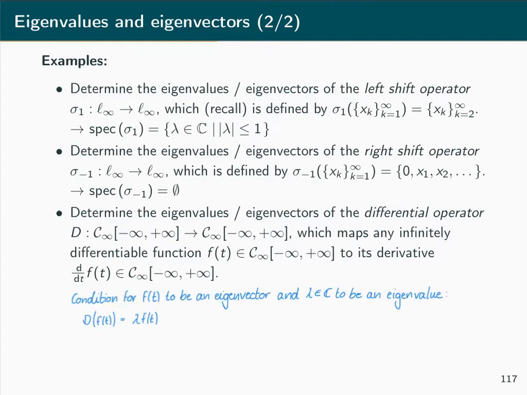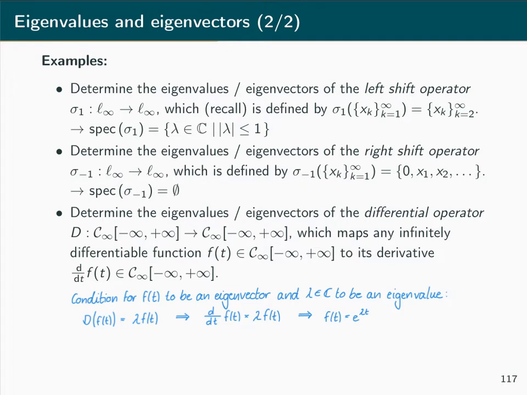Again, to find the eigenvalues and eigenvectors of this operator, we write down the condition for a vector f of t to be an eigenvector and a value lambda to be an eigenvalue of the operator, which according to definition 7.2 is that D of f of t must be equal to lambda times f of t. Substituting the calculation rule for the differential operator, we see that in this case the eigenvalue problem leads to a simple differential equation whose solution we all know by heart, namely f of t equals e to the lambda t.